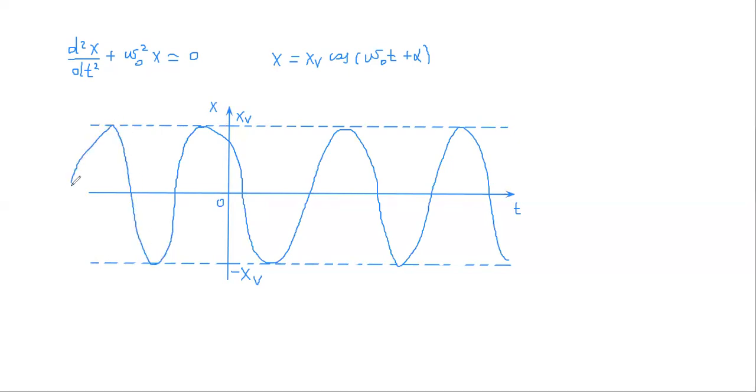Graphs of cosine and sine are very well known, so we have that here this is xv, this is xv, and what about this distance?